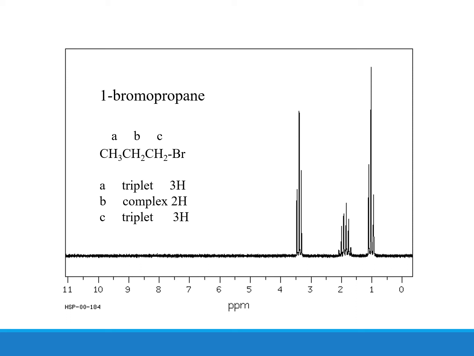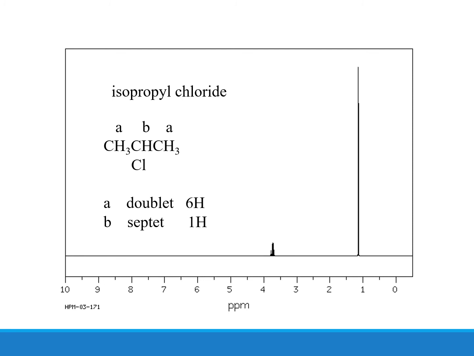C protons, the 3 protons in C interact with the 2 hydrogens in B. That's why they split into 2+1 and appear as a triplet in the spectrum. Isopropyl bromide, you have protons in 2 different environments.